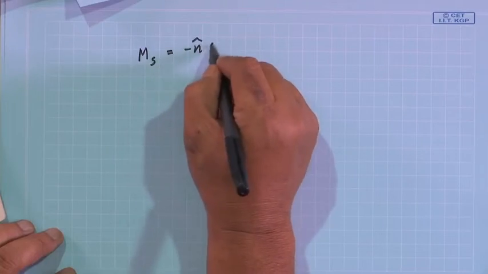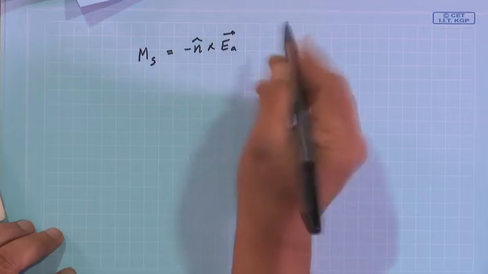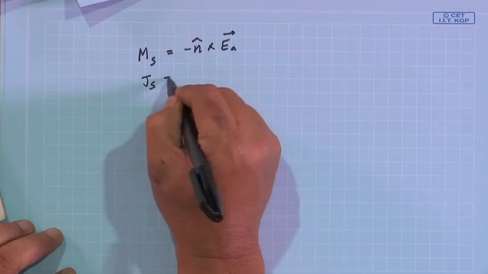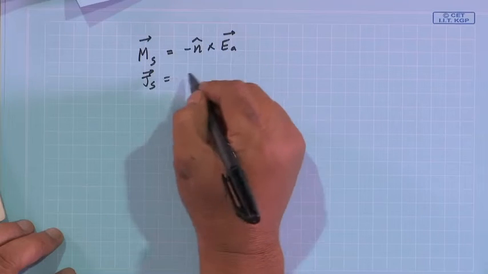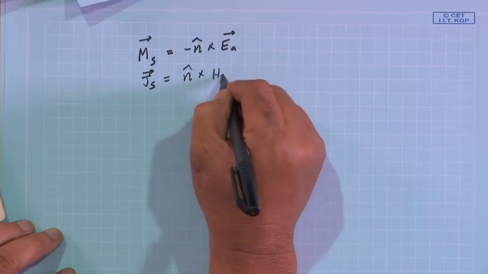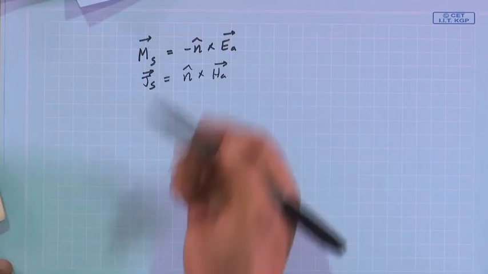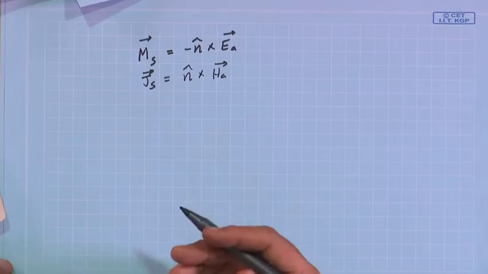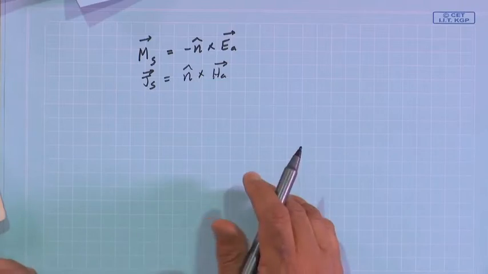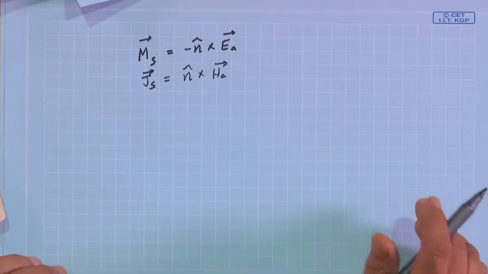That means Ms is minus n cross Ea, and also we will have to take Js as n cross Ha. So, Ha we know, we will have to find J, find the fields due to these, and then sum both of them. That means all those N theta, N phi, L theta, L phi will be present. That is the only thing.